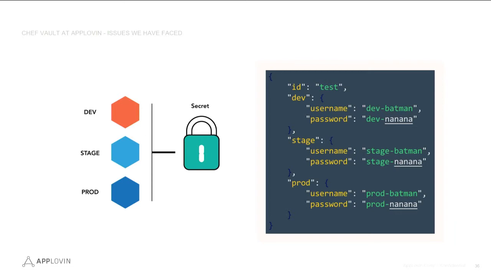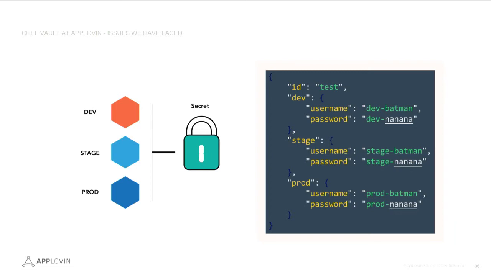So this is an example that we can have. For each vault item, you can have multiple environments, and you'd have a helper function to pull these secrets. Let's say in dev, you'd want to pull this set of secrets for these specific nodes.